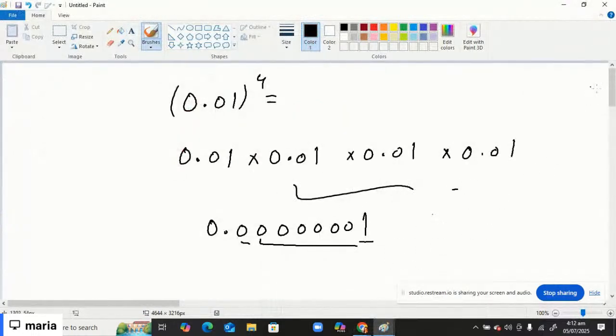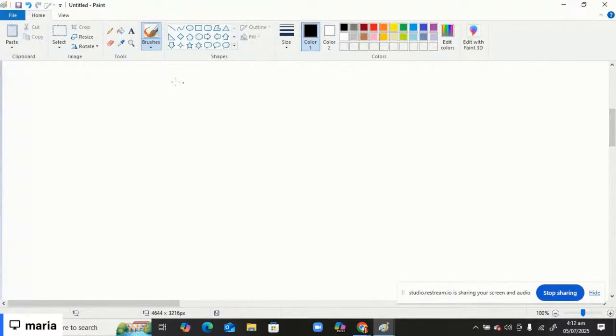All right. Let's suppose I'm going to write some fractional part here. 7 by 5, and then the power is 2.